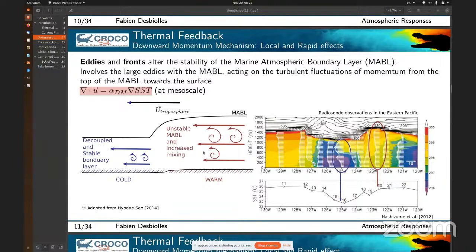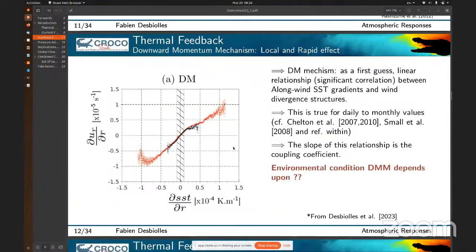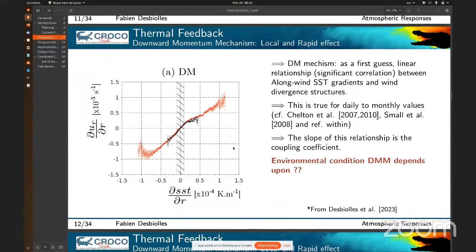Here, as it's sketched on the left, we see that actually there is this relation which is nearly linear between wind divergence and SST gradients. So everything is happening over SST gradients. To determine this linear coefficient, which is called a coupling coefficient, we use a scatter plot like this.